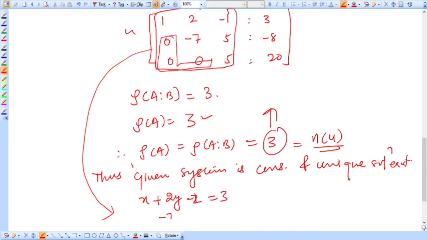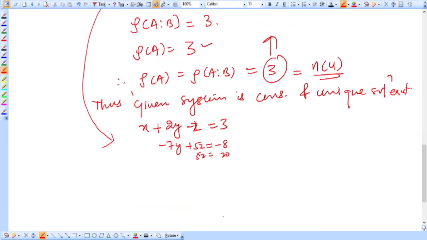Here minus 7y plus z equal to minus 8, and here only one coefficient, that is 5, so 5z equal to 20. Okay, so using all these elementary operations, we have reduced this system of equations to this form.